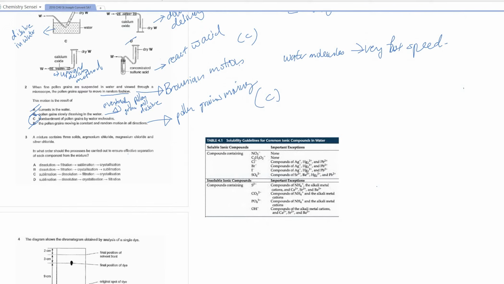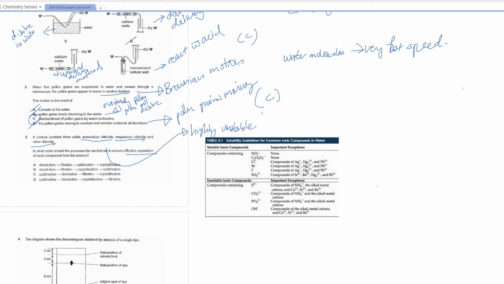A mixture contains 3 solids: ammonium chloride, magnesium chloride, and silver chloride. In what order should the process be carried out to ensure effective separation of each compound from the mixture? Just by looking at these 3 solids, you must be aware that ammonium chloride is highly unstable.